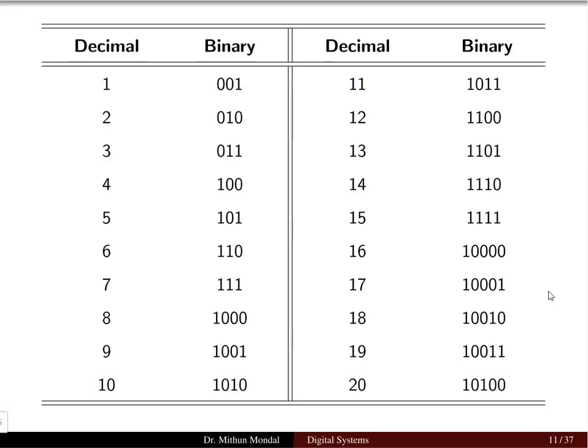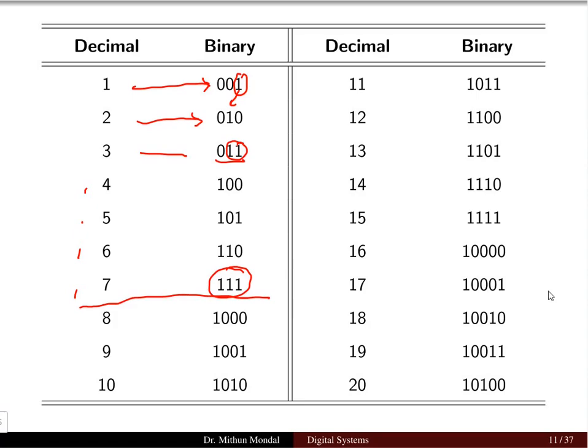If we see the numbers in the decimal number system and their corresponding binary representation, 1 is represented as 001, 2 is represented as 010, so we can see that the position of 1 has changed. The 3 is represented with 011, so there are two ones involved, and so on. Here we can see that up to 7, 3 bits or 3 digits are involved.